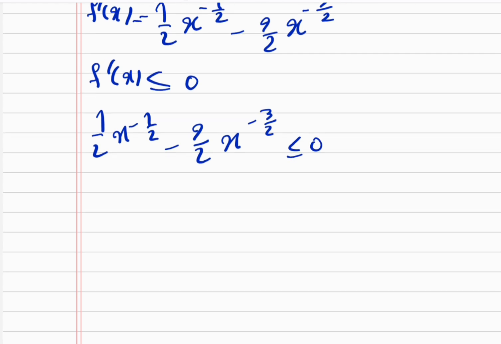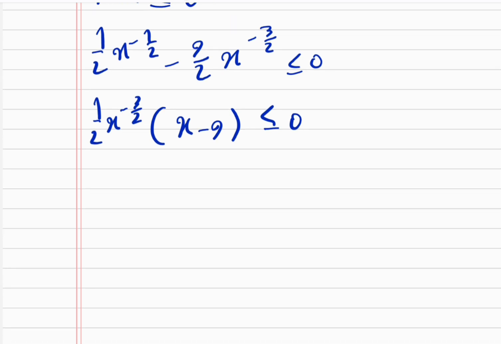So let's take a factor of half x to the power of minus 3 over 2, and this is going to give us something interesting for this question. One of the terms here is going to be x, and the second term is minus 9. So this is less than or equal to 0.